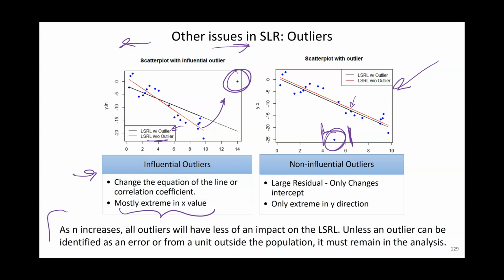One thing that's really great about having large sample sizes is the bigger your sample size gets, the less of an impact your outliers are going to have. And it does say that unless you've identified that this outlier is an error, it doesn't belong in this data set, basically some non-statistical reason, you shouldn't remove a point. It cannot be, oh, I don't like this point. That could be like, we discovered we have these athletes, and the coach participated, so we should remove the coach from the data set.